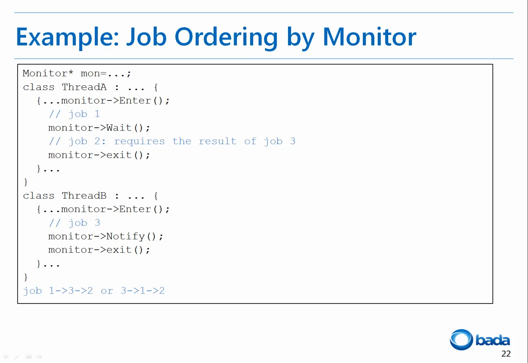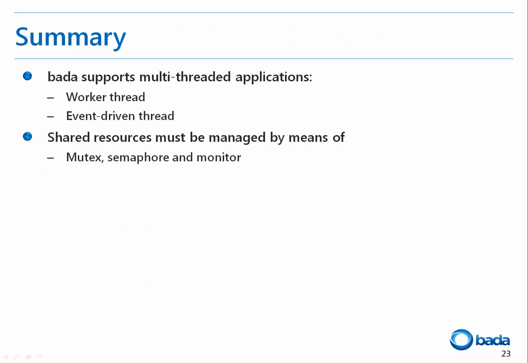The Wait function waits and does not return until the Notify function of thread B is called. Therefore, if this code is performed, the order of the job execution would be 1, 3, 2, or 3, 1, 2, so that job 2 is performed after job 3 without failure.